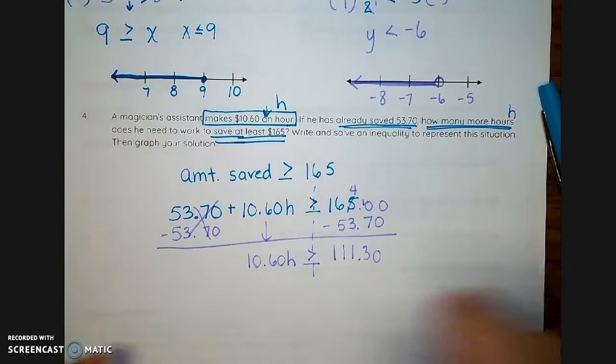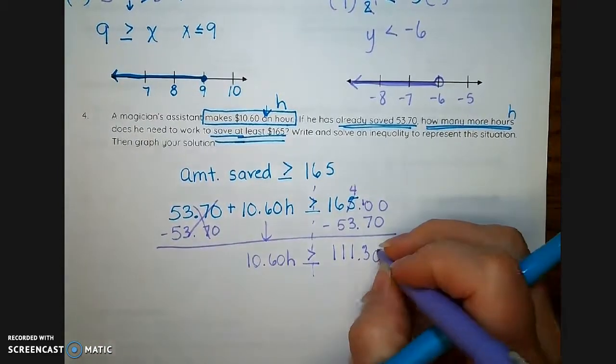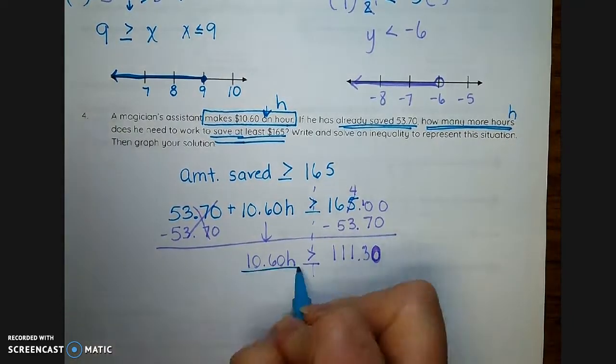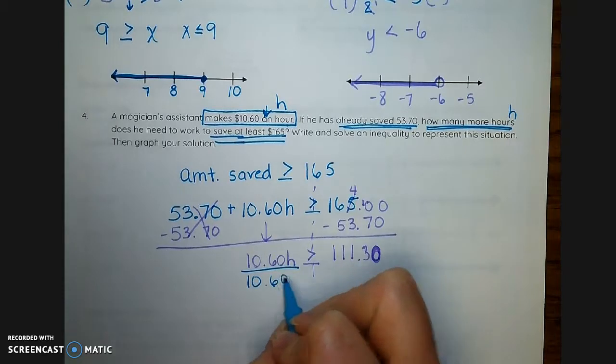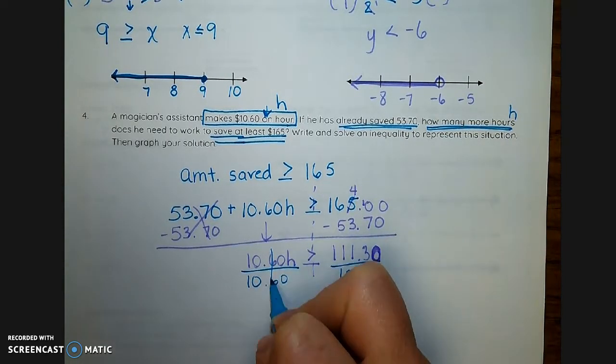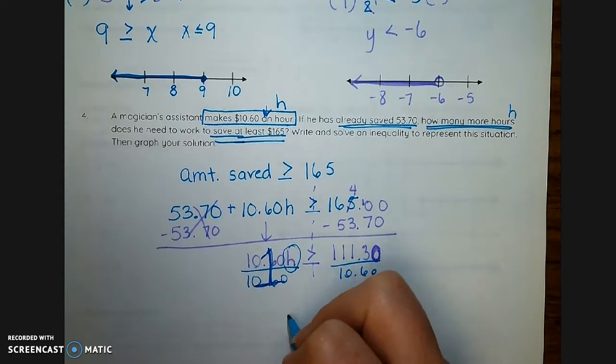My last step there is I need to get the h by itself. Well, it's being multiplied by 1060, so we're going to divide by 1060. 1060 divided by 1060 gives me a 1 h.